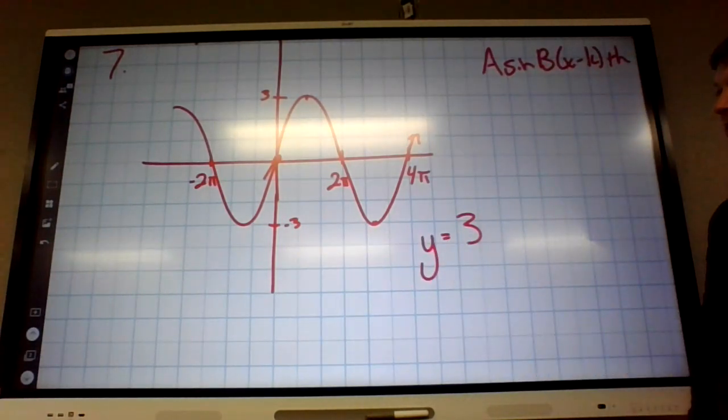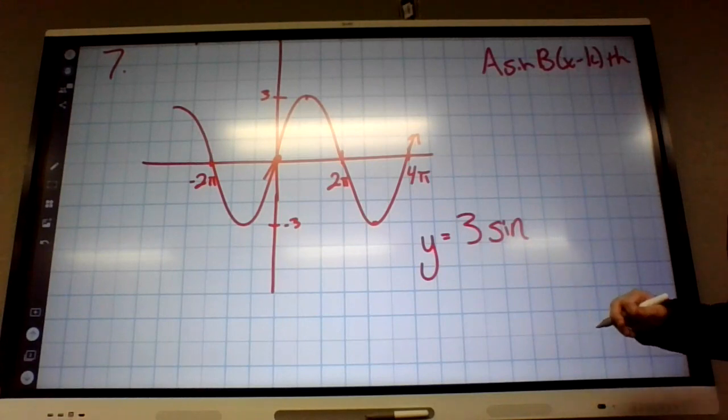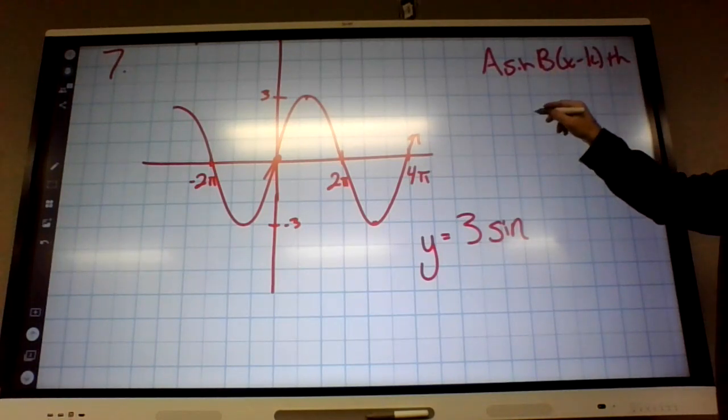Does this look more like a sine or cosine function? Sine. Okay, what is the period? 4 pi. So what are we going to put in for b?